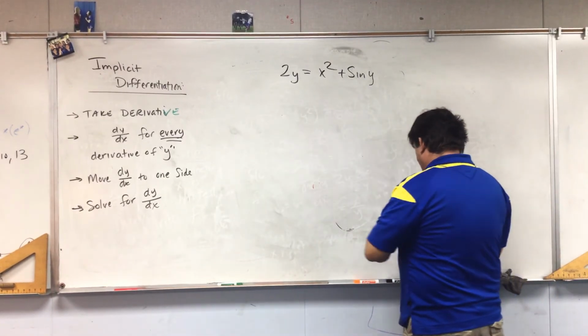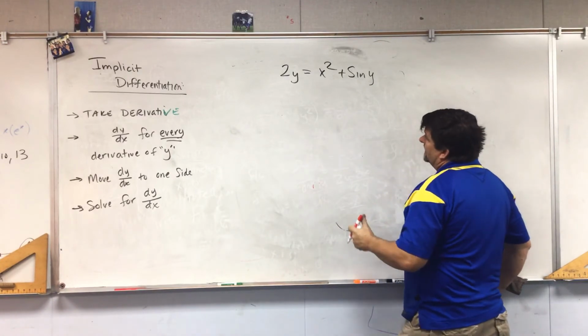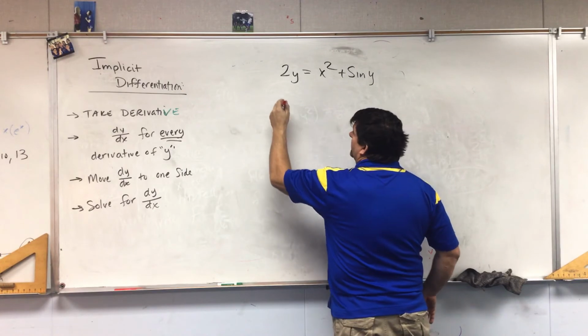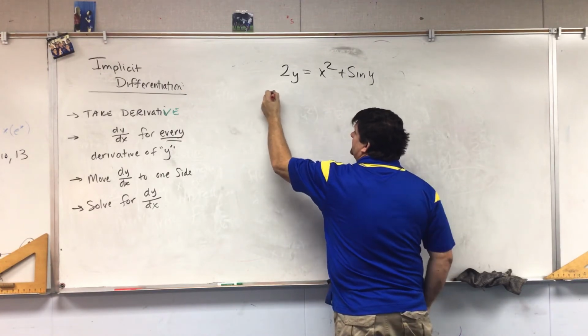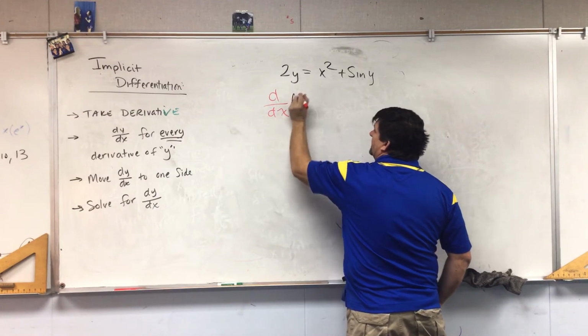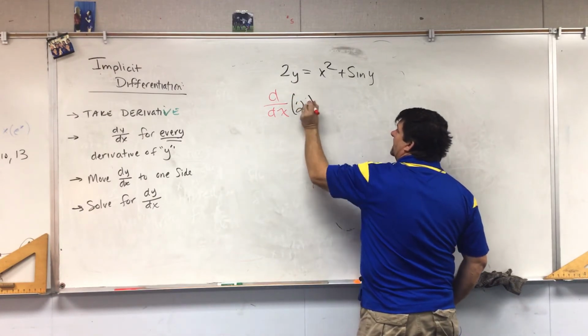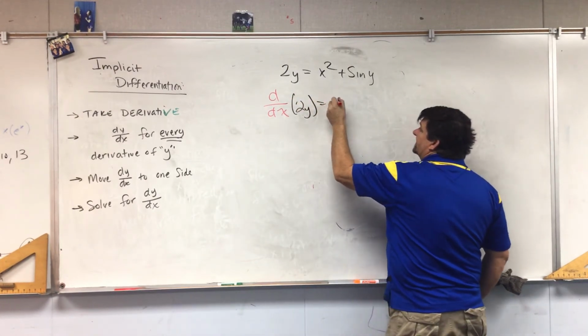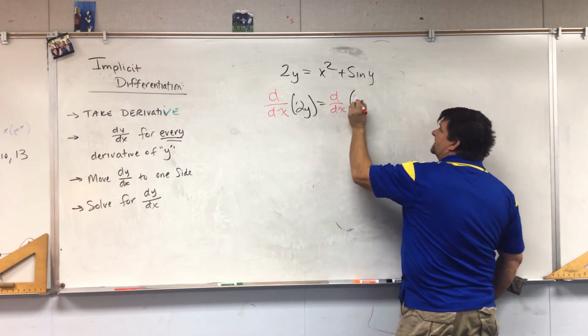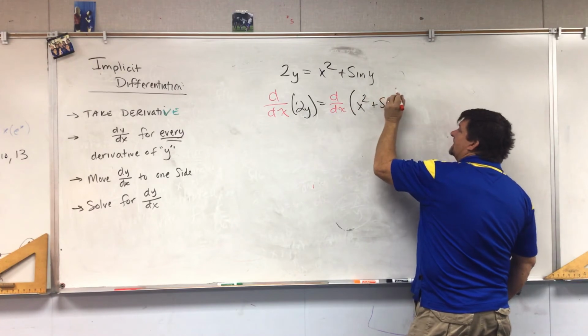So let's just take our equation here, and we're going to take the derivative of both sides. 2y equals x squared plus sine y.